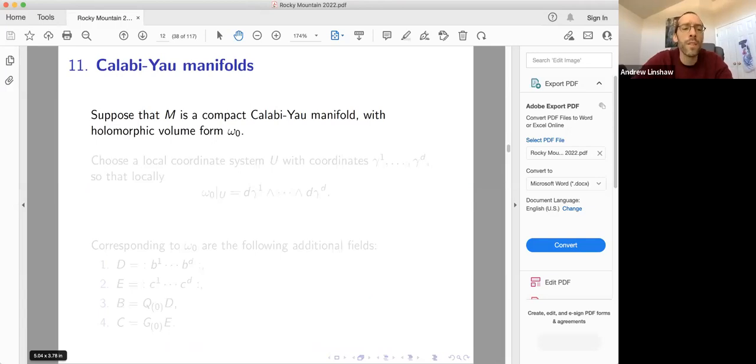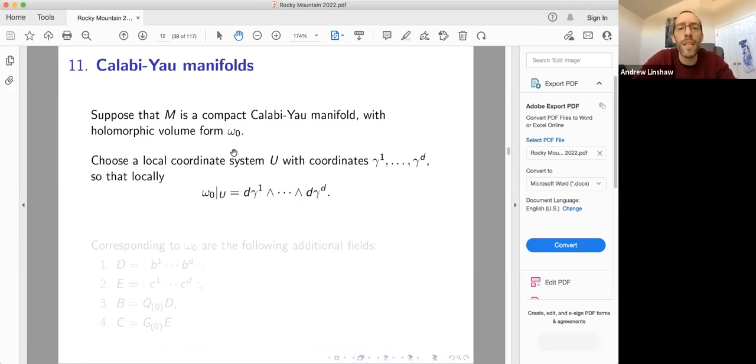Okay, so now suppose that the manifold is a Calabi-Yau manifold. So in particular, it has a non-vanishing holomorphic volume form, omega_0. So let me choose local coordinates, gamma_1 through gamma_d, such that locally this volume form looks like dgamma_1 wedged through dgamma_d.